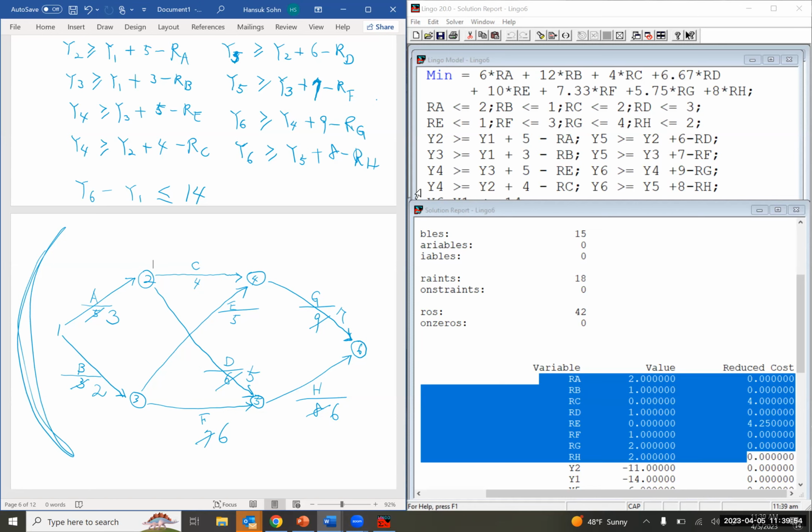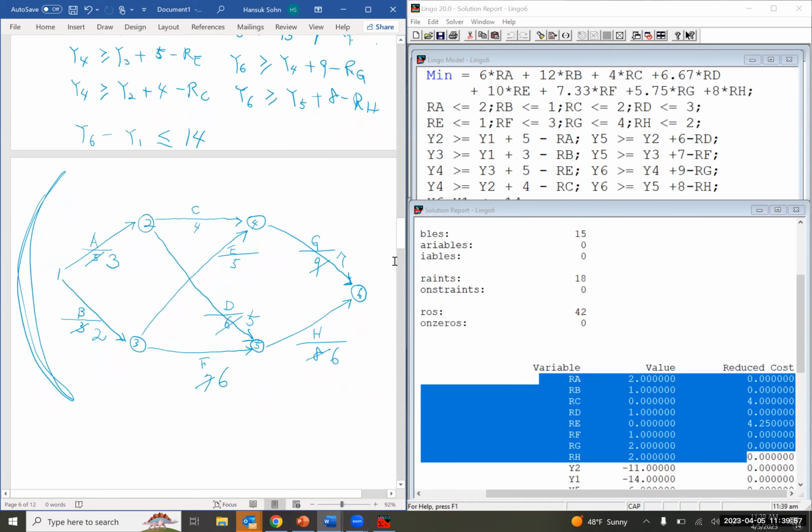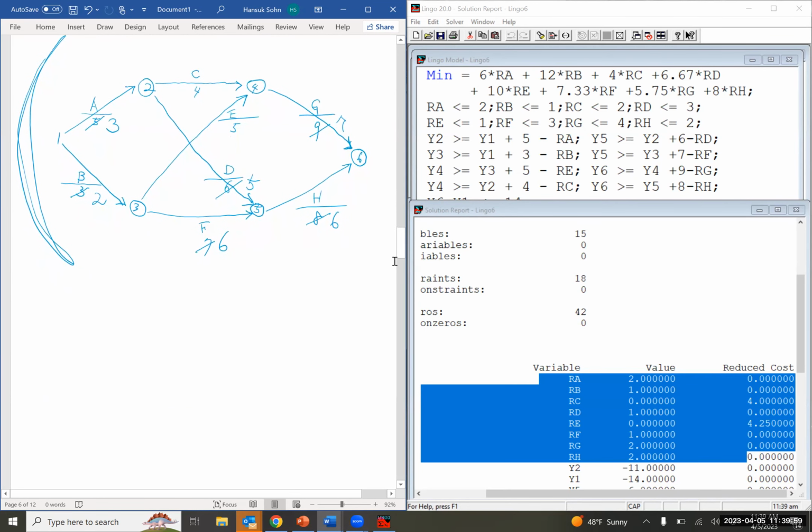So based on this revised network diagram, let's get the dual LP model.